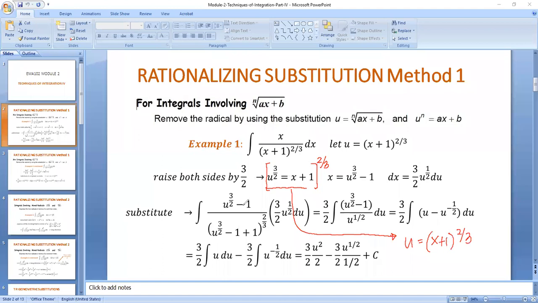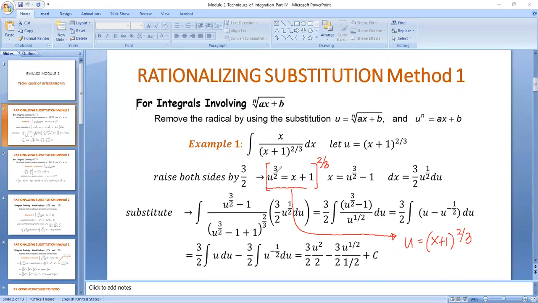Again, remember this is your answer in terms of u, while your original variable is in terms of x. You have to return the u back to x because your original integral is in terms of x. Where will you get the expression that will replace u in terms of x? It will be taken from here. Okay?